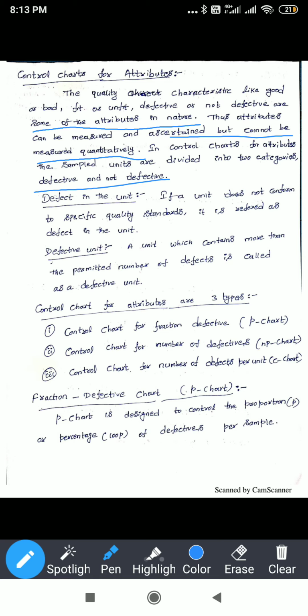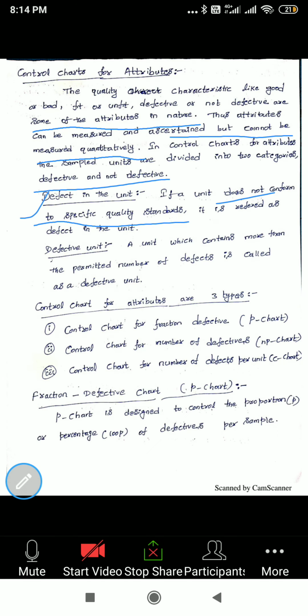Before going to the defective, see what is meant by defect. If a unit does not conform to specific quality standards, it is referred to as a defect in the unit.